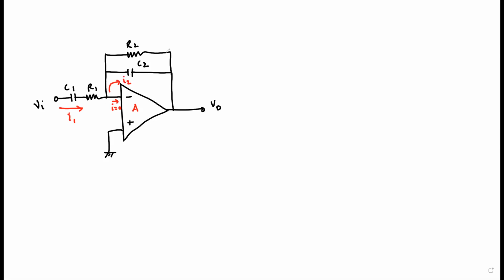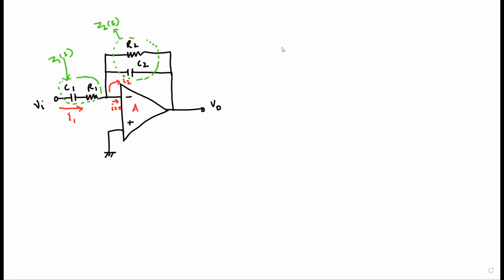And this combination, as said before, is called the feedback network. Let's define it as Z2 of S, which is impedance 2. And this combination right over here, let's define it as Z1 of S, which is the input side impedance.